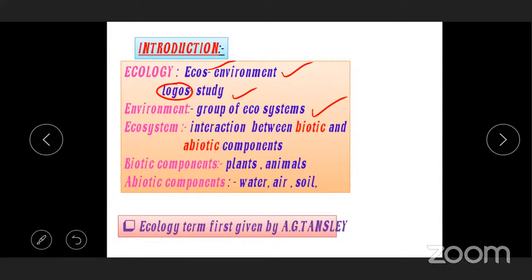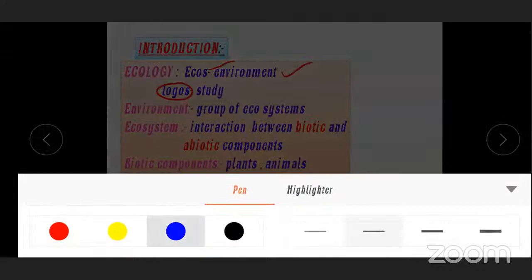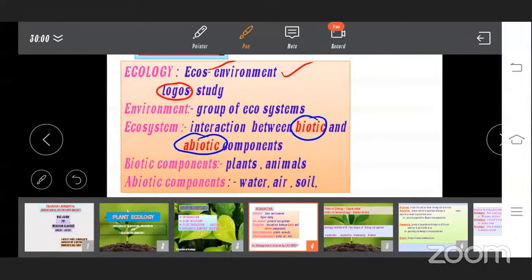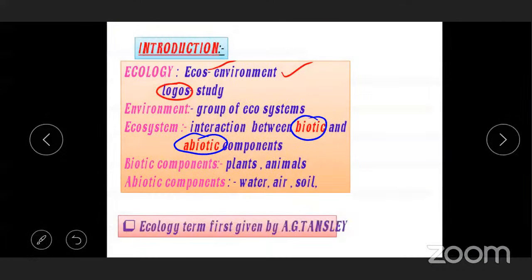Ecosystem means the interaction between biotic components and abiotic components. What are biotic components?